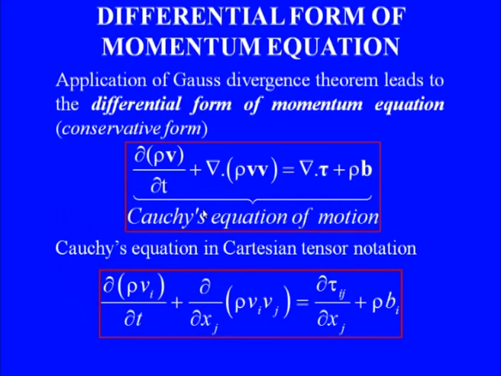Now suppose we want to derive a differential form. We would follow the same approach which we used earlier in obtaining the differential form of the continuity equation, starting from the integral momentum equation. So now let us have a look at our integral form of the momentum equation.